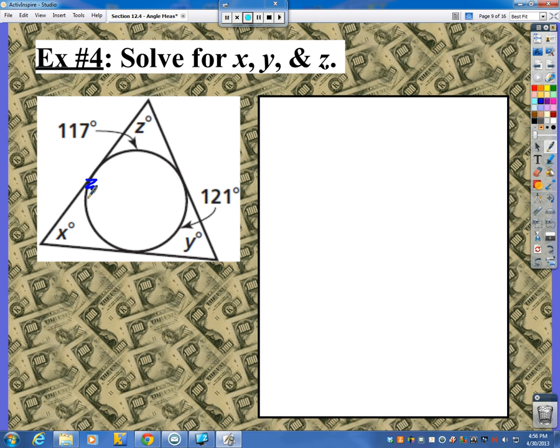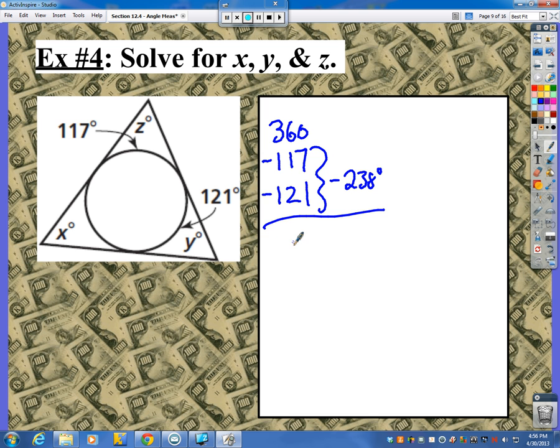We could figure out the measure of the third remaining arc in this circle. We have three arcs, all of which need to add up to 360. If we subtract away the two arcs that we know about, that's 238 degrees, so we're left with 122 degrees. So this arc right here is 122 degrees.